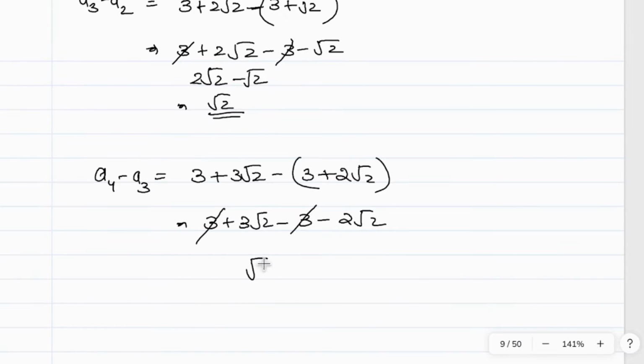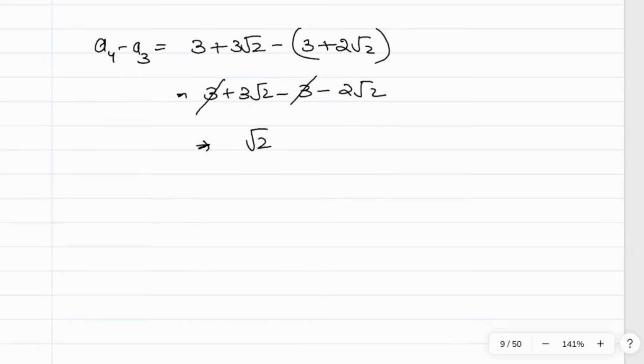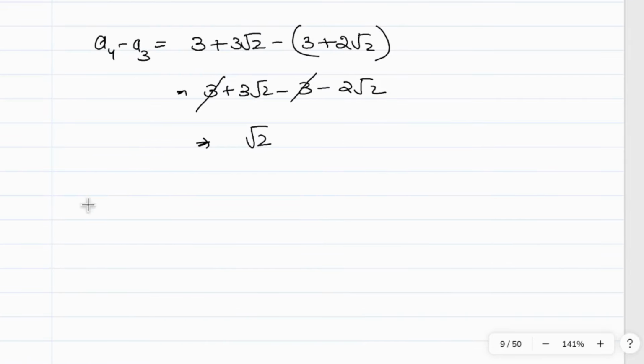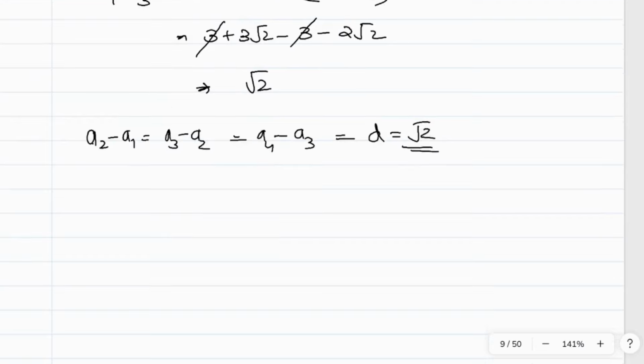It is again root 2. That is what we got here: A2 minus A1 equal to A3 minus A2 equal to A4 minus A3, which is equal to D, which is equal to root 2. Root 2 is that common difference. Therefore, we can tell what? This is an AP, right?